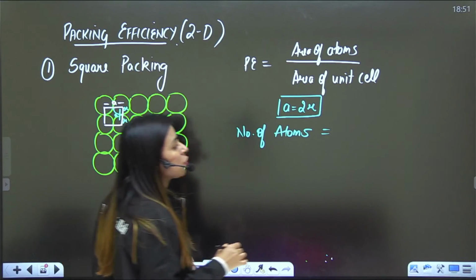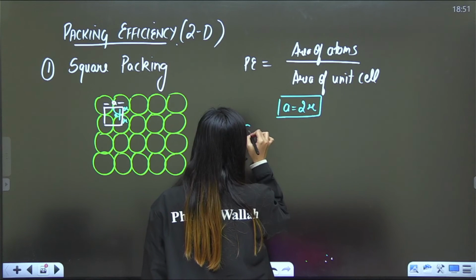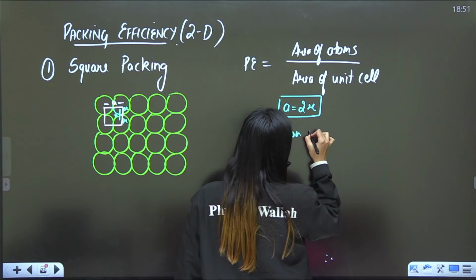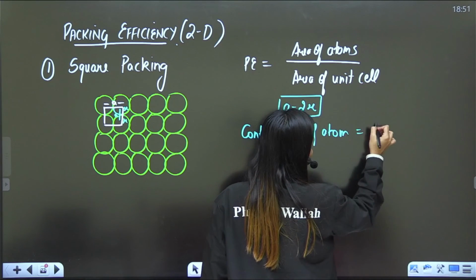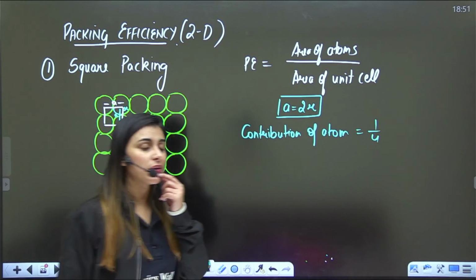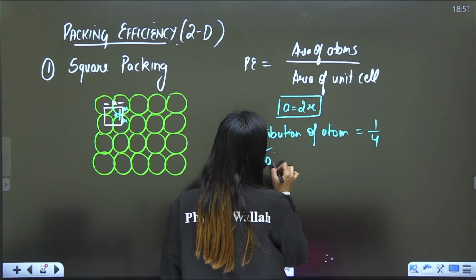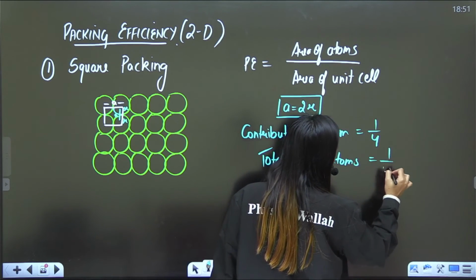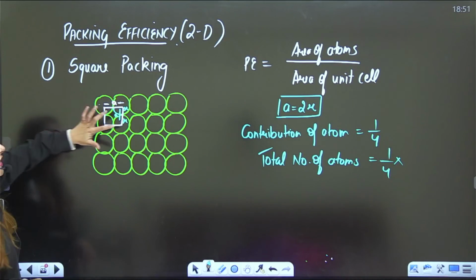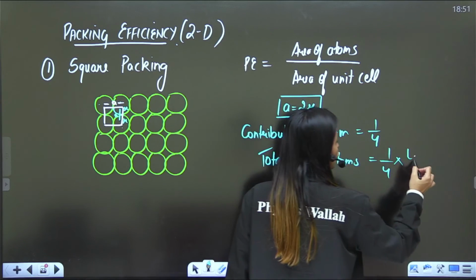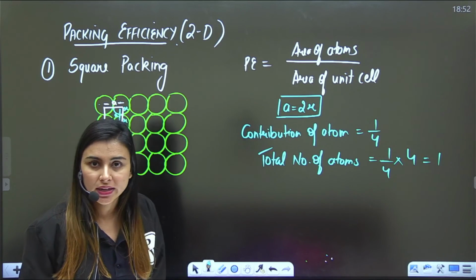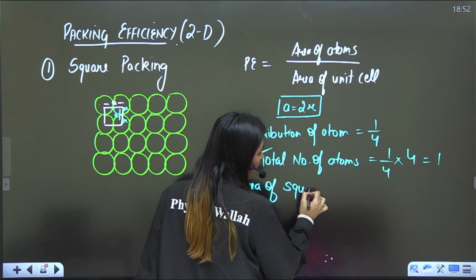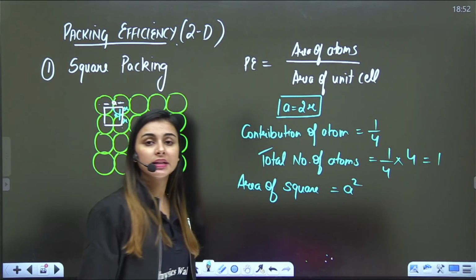Yes, so can I say that the contribution of one atom is 1/4? So what will be the total number of atoms present? Contribution is 1/4, and how many atoms are actually present? 1, 2, 3 and 4. So the total number of atoms that are present is 1, right? Yes. What is the total area of the square? It is A square, because it is a square.